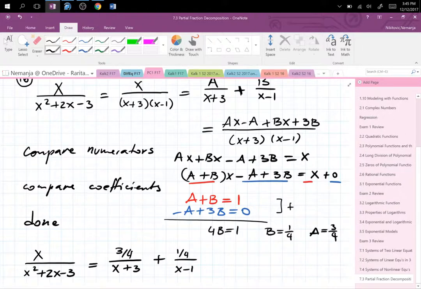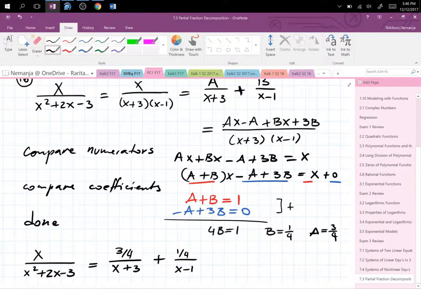Take a look at something spicier. Behold the problem. We have x over x squared plus 2x minus 3. We have to factor that, if we can. Hopefully you can, because you can't do the problem otherwise. So you factor that, and then each of the factors is linear, not repeated, so we again have the first setup that is presented in our chart.